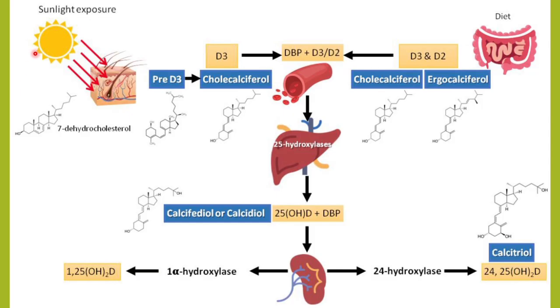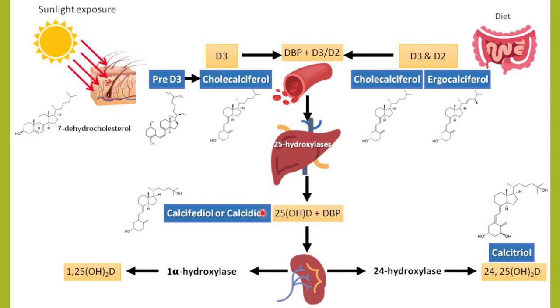This is sun exposed here. The pre-vitamin D3 gets converted into cholecalciferol, and from the food, from the gut, what we absorb reaches the liver, binding to proteins. The 25 hydroxylase enzyme converts this, and here you get calcidiol, that is, a hydroxy group is added here.